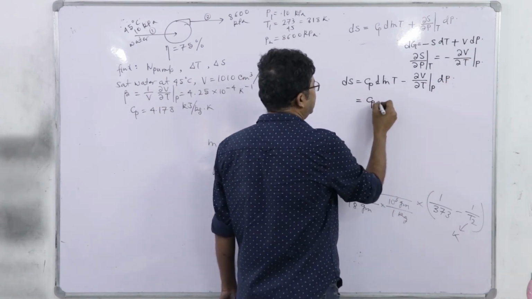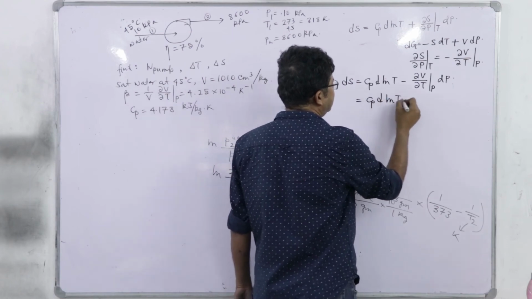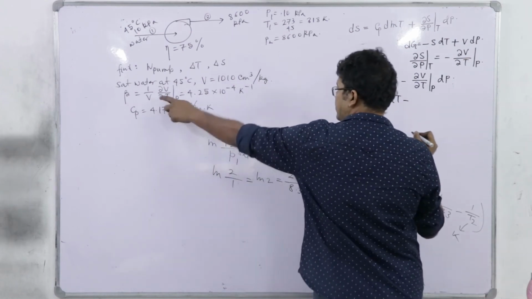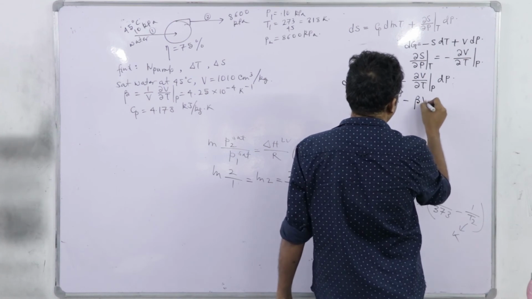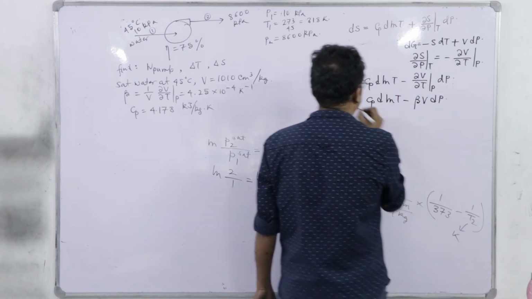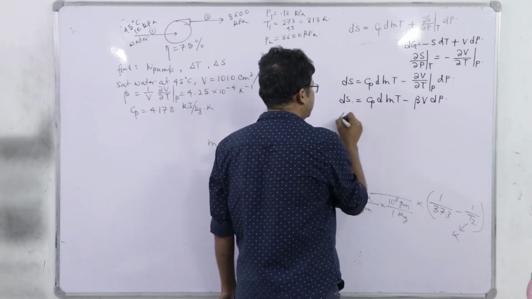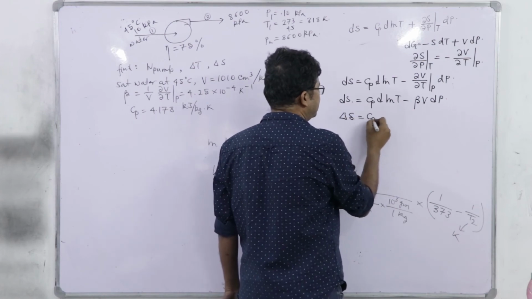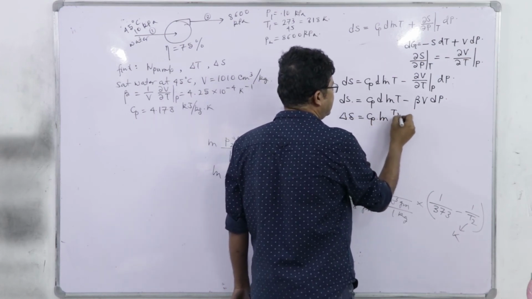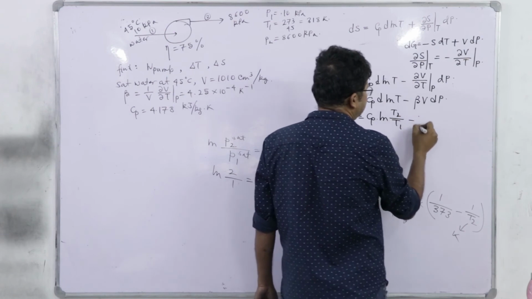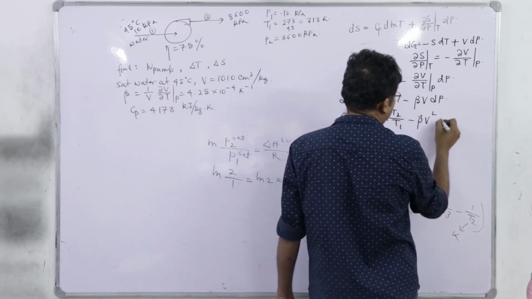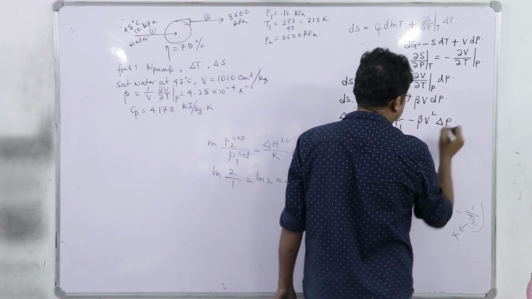So, Cp d ln T minus, this is beta into V dP, that is dS. So, delta S is equal to Cp ln T2 by T1 minus beta, liquid volume is nearly constant, into delta P.